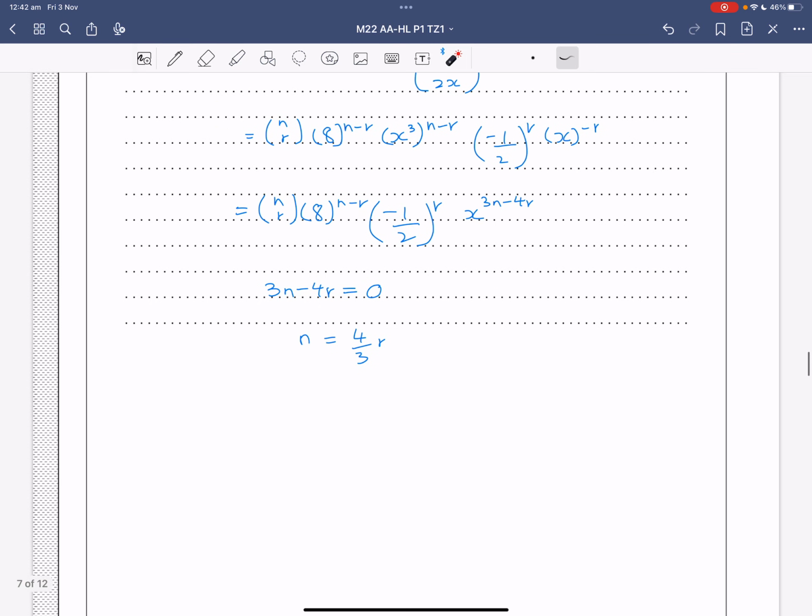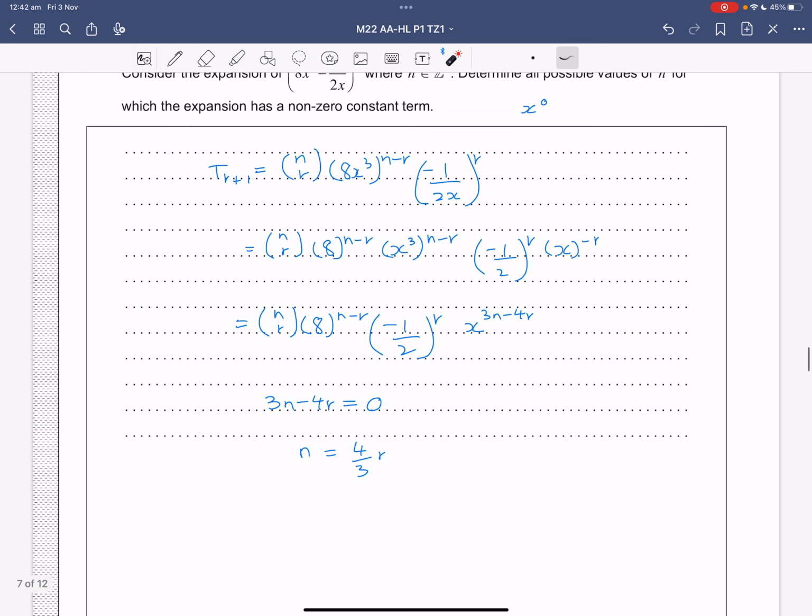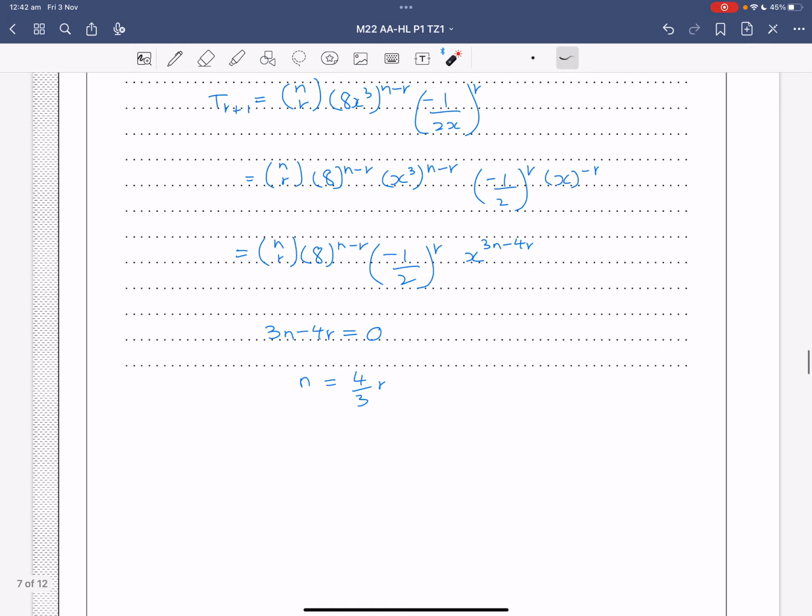So how can we let n be a positive integer? If r is a multiple of 3, then it will cancel with the denominator, and we would be left with n being a positive integer.